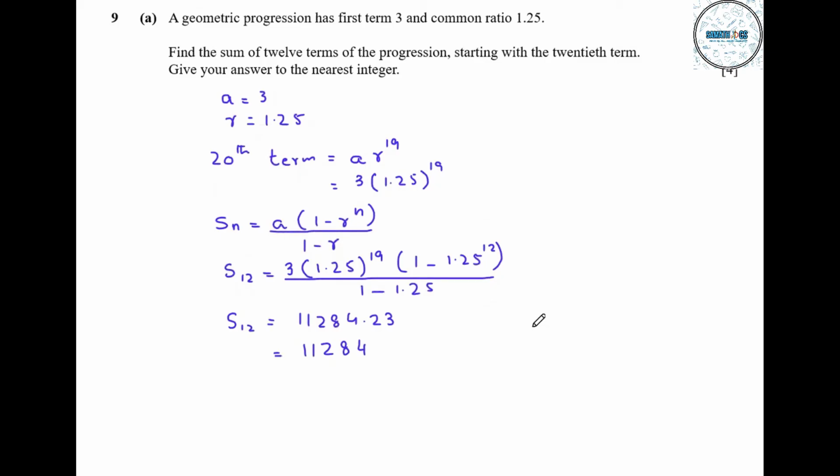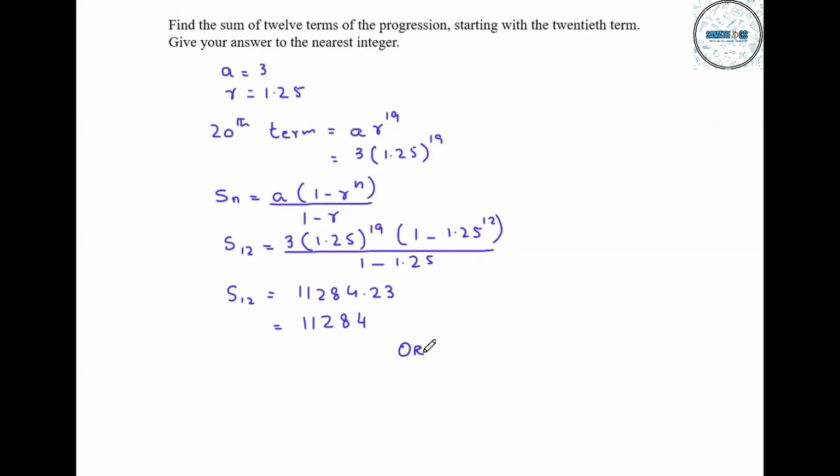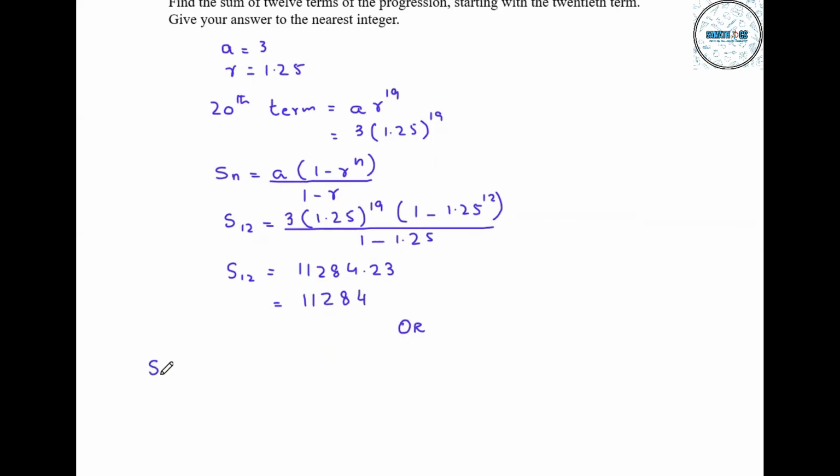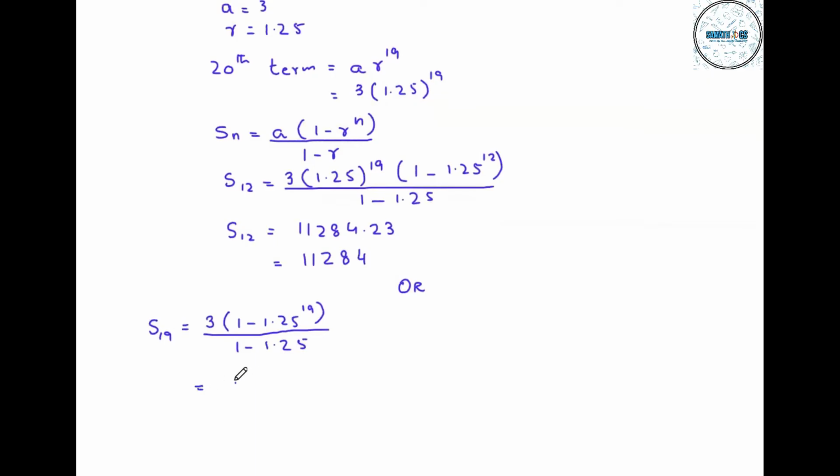Another way is that you take out the sum of first 19 terms and then take out the sum of 31 terms and then subtract those. Sum of 19 terms, in that case, you have to consider 3 as a, 1 minus 1.25 with power 19 divided by 1 minus 1.25, which is equal to 820.67.